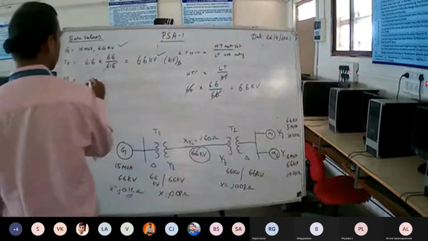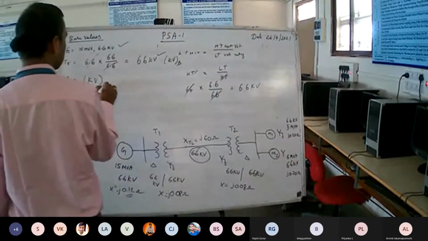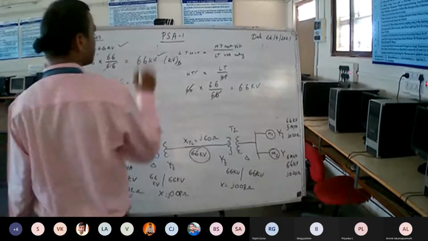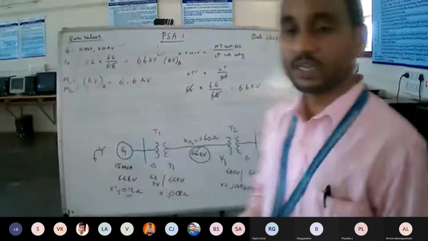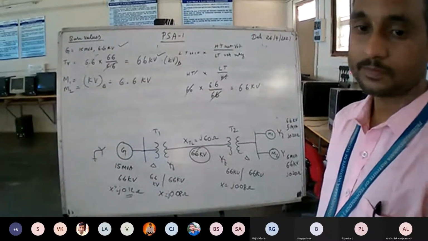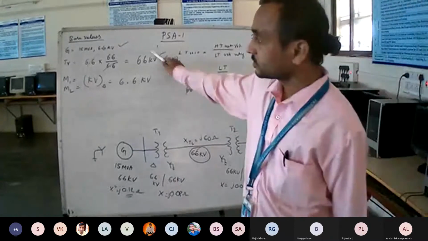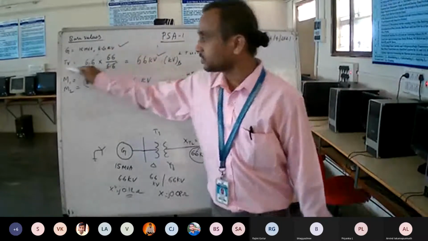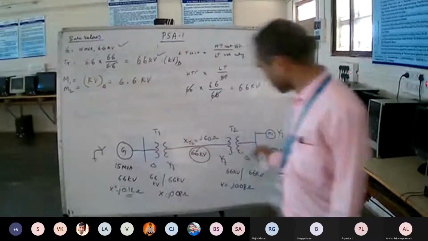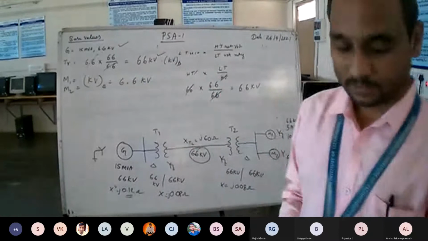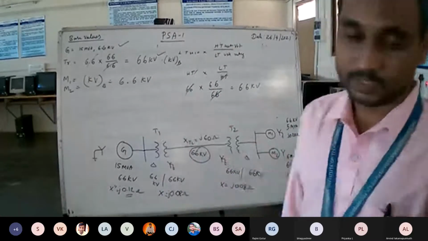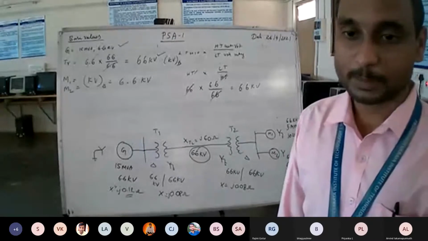So for motors M1 and M2, the kV base is equal to 6.6 kV. Now it is clear? For the generator, base values are chosen; similarly, the transmission line base values and the motor section base values are also chosen. Now we need to calculate the per unit reactance of all the sections.